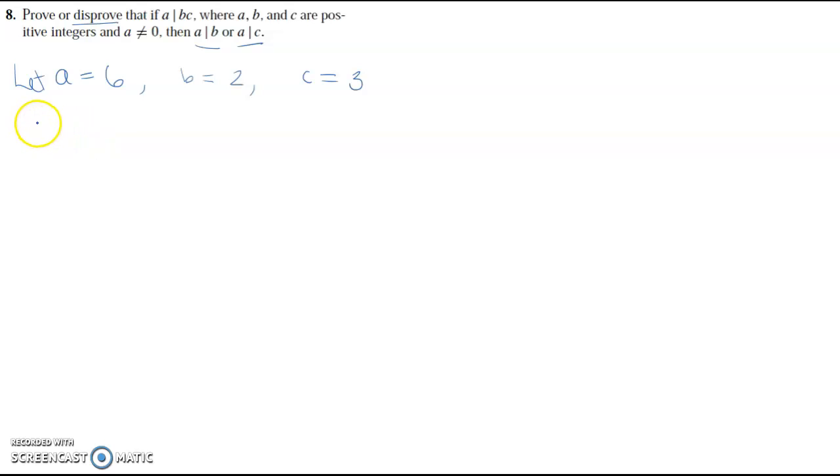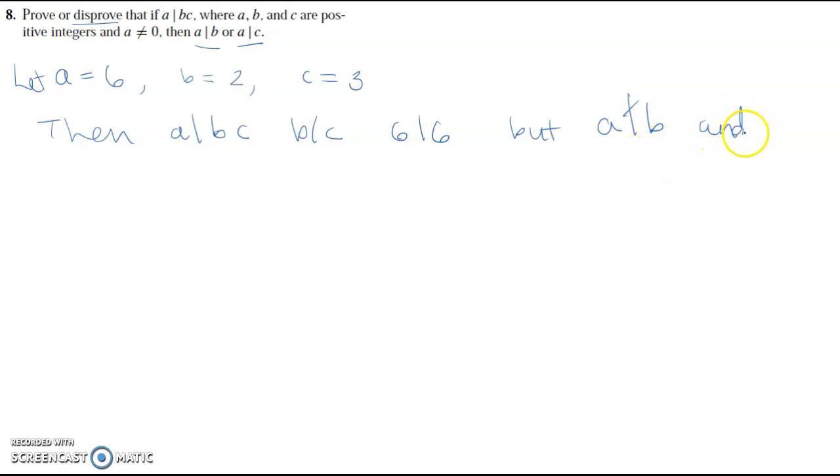All right, so if this is the case, then A divides BC because 6 divides 6, but we also get to the case where A will not divide B, and A will not divide C. 6 is not going to divide 2, and likewise 6 can't divide 3. And that's it. Showing one quick counterexample is a sufficient proof, a disproving that the statement is true.